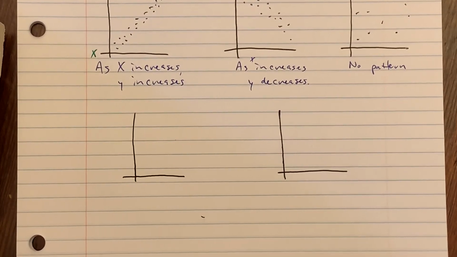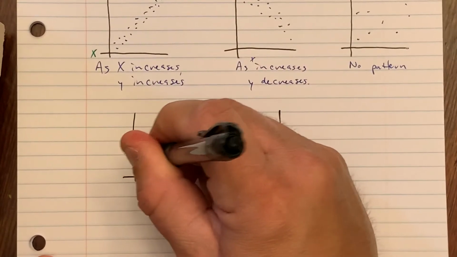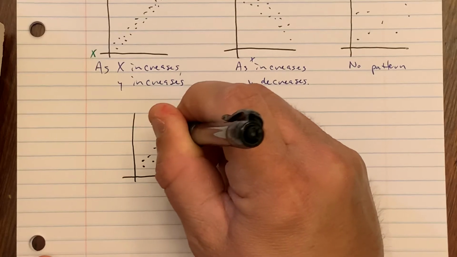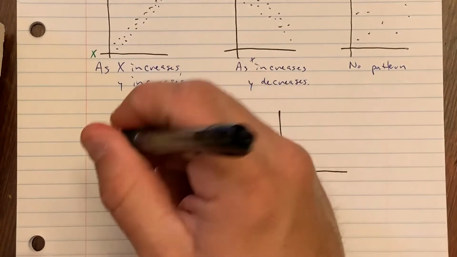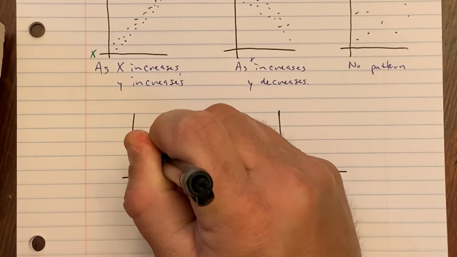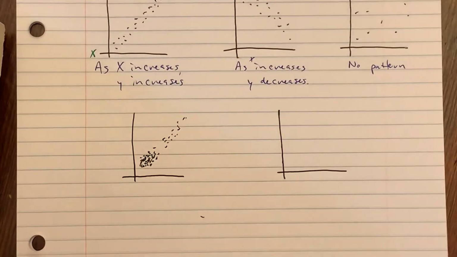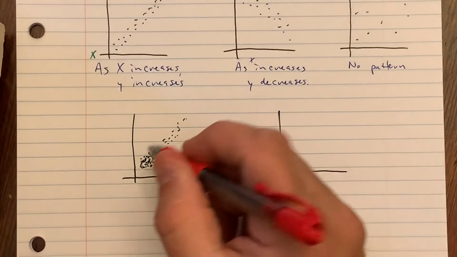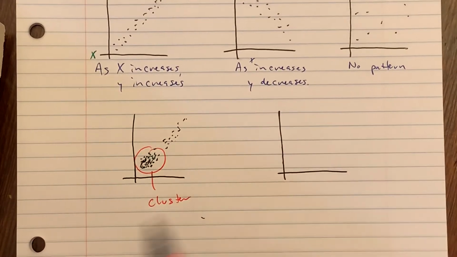All right, so let's look at this one here. Now let's say we have a positive correlation. But let's say we have just a ton of data in this area right here. Then we got some data over here, but most of it's concentrated right there. This right here is what we'd call a cluster of the data.